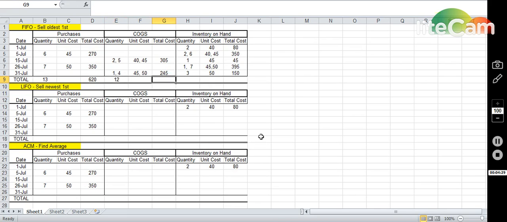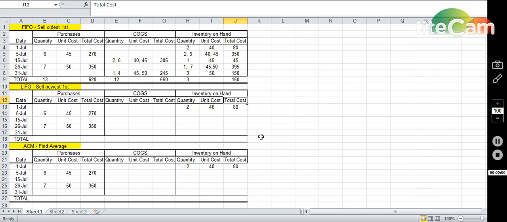And then I'll want to total up my total cost, 305 and 245. So I want to add these numbers together. And my inventory on hand, this is not a total, it's a remaining. So at the end of the month I had a remaining of 3 for 150. So these 3 will now become my beginning inventory for August if I were to do August now. Okay, so that's the FIFO method.